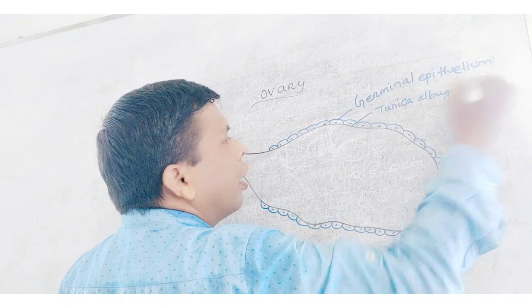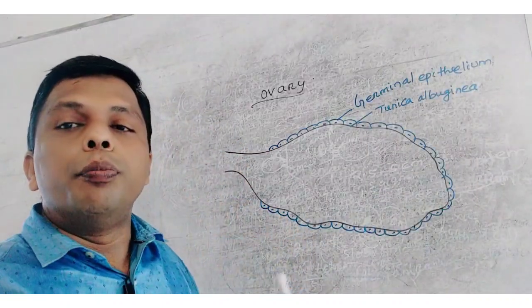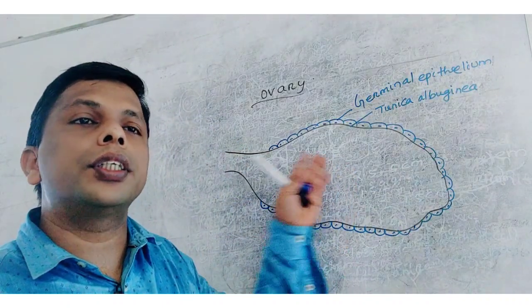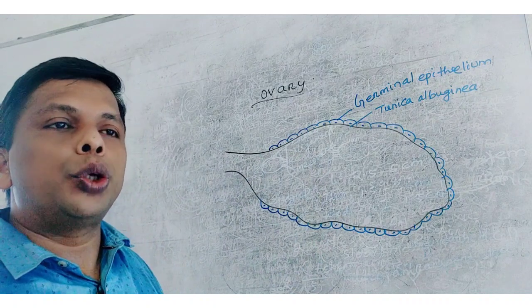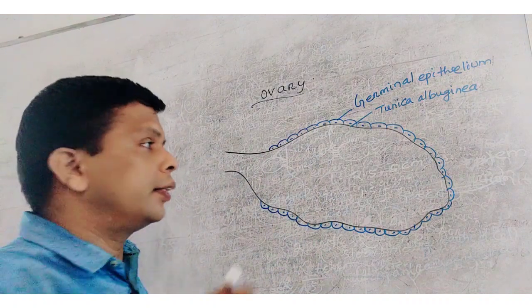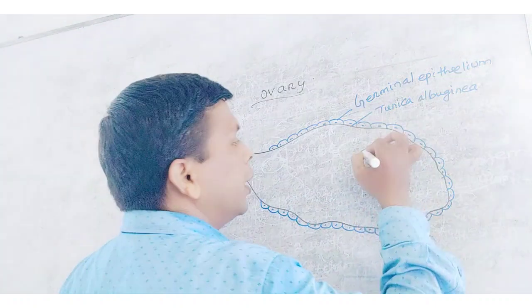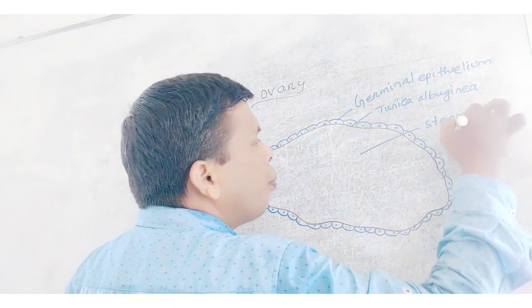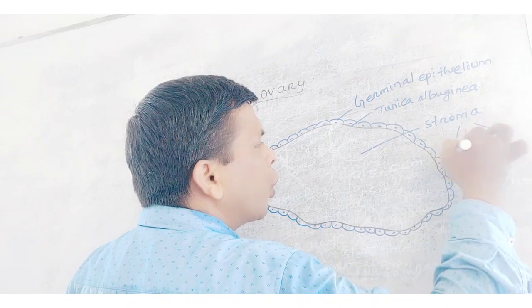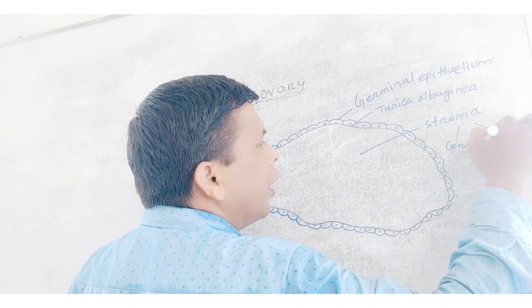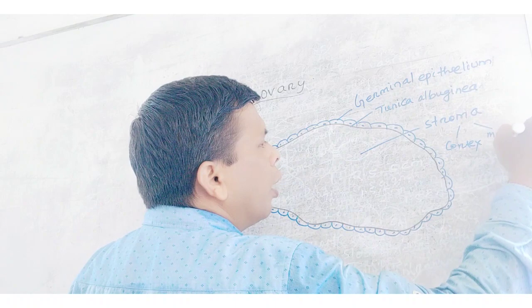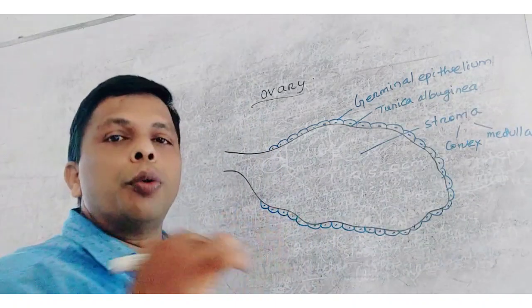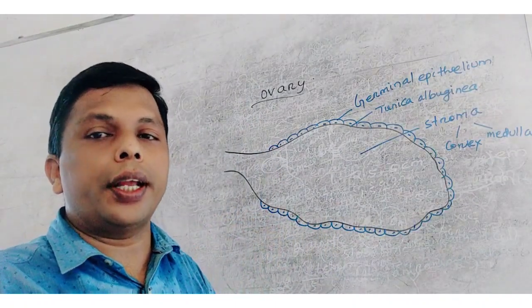Below it, there is the stroma. This component is inside it. The stroma consists of outer cortex and inner medulla.